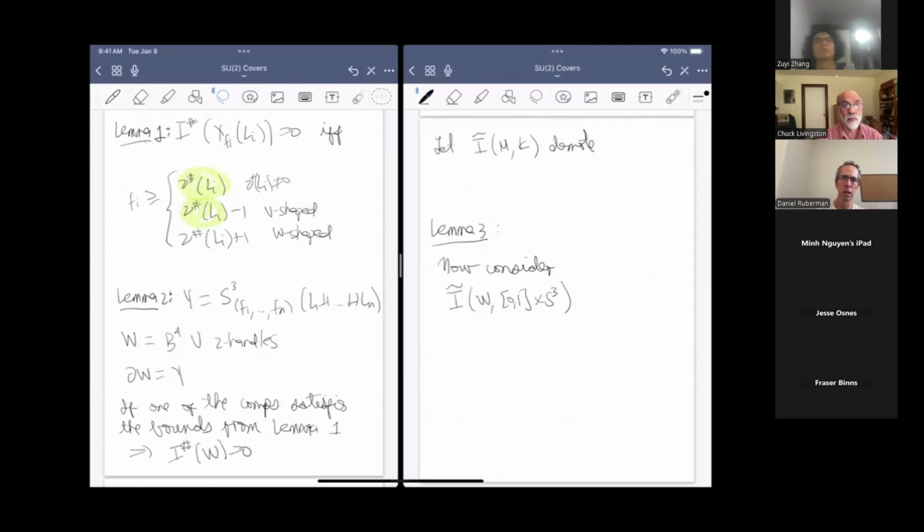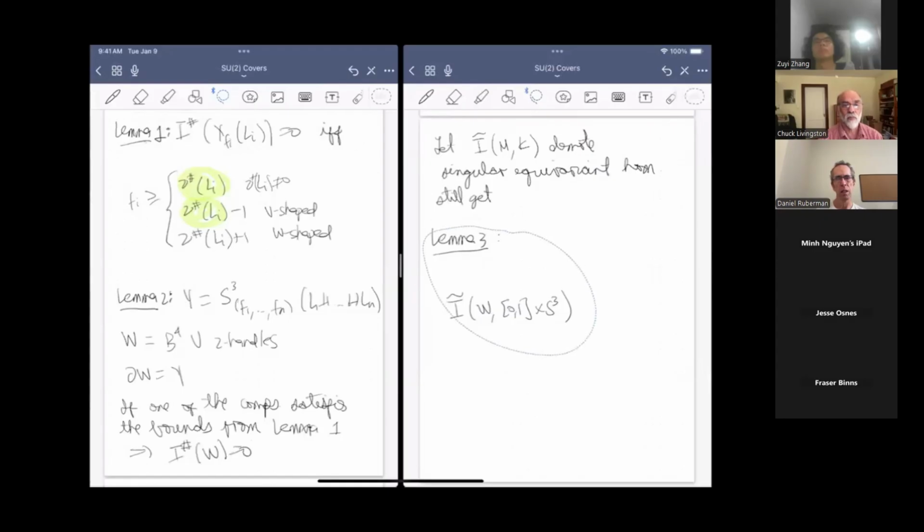but if I have singular equivariant homology, I still have the induced maps on the cobordism, and so what the lemma says has sort of like the TQFT properties.